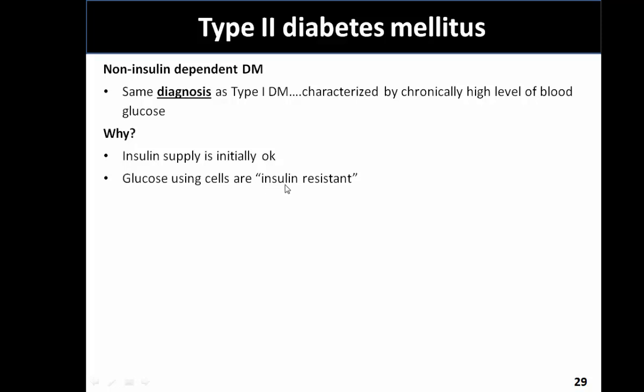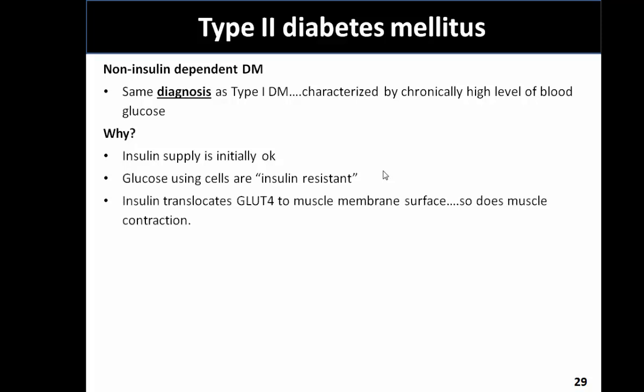So although a person is able to make their own insulin, the muscle cell is not responding to that insulin and activating the proteins to help pull the glucose molecules out of the cardiovascular system.